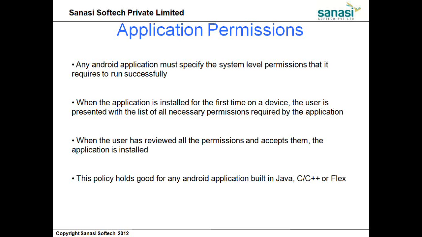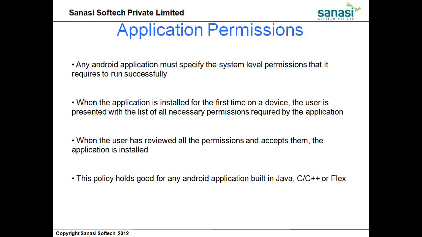So as the first point in the slide says, any Android application must specify the system level permissions that it requires to run successfully. So typical system level permissions, for example, can be let's say you have an application that wants to access the camera. Your application will have to obtain permission to use the camera. Or let's say you have an application that depends on the GPS, so you have to get the permission for that.